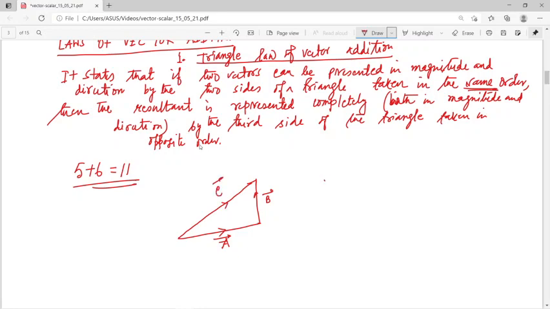If this happens, then only can we say the value of c can be written as a plus b. So that is the law of vector addition. This is the triangle law.